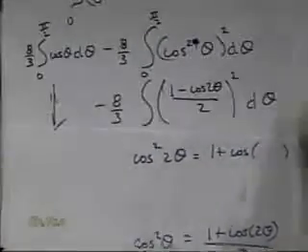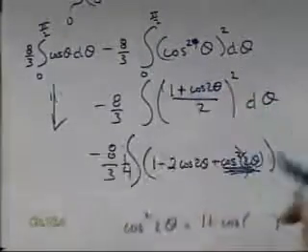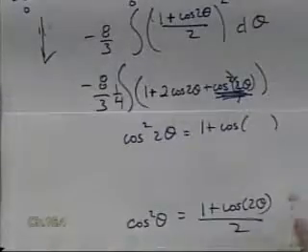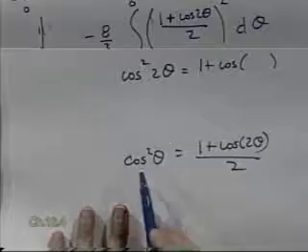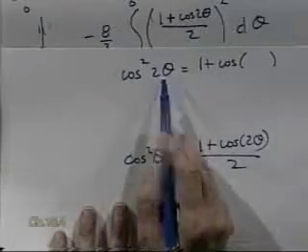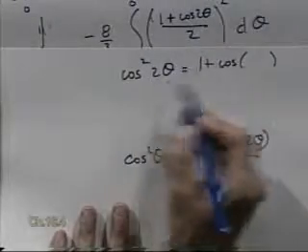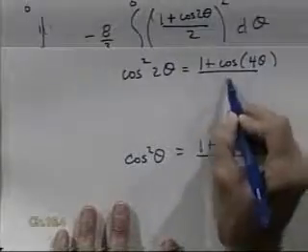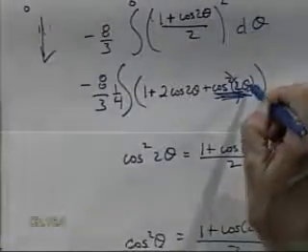Oh, this should be plus, I apologize. Because cosine is a plus, that's a plus, thank you very much. I'm talking about big picture and forgetting a sign. So if I have cosine squared 2 theta, it's going to be 1 plus cosine double that angle over 2. And that's what's going in here.